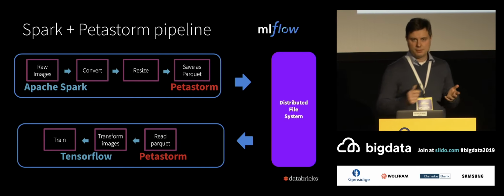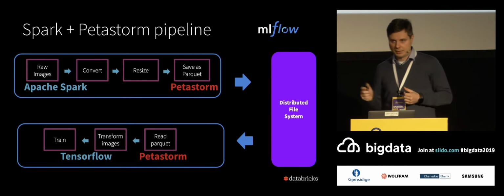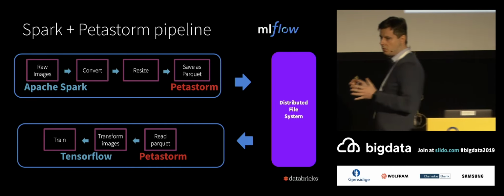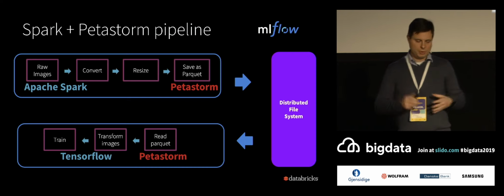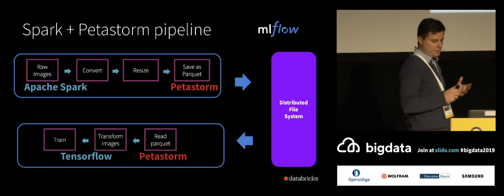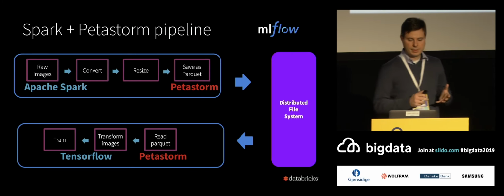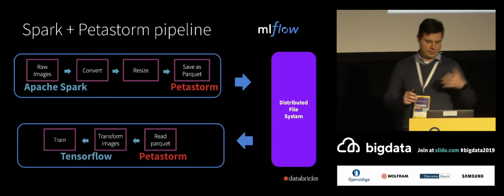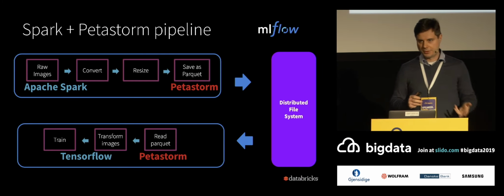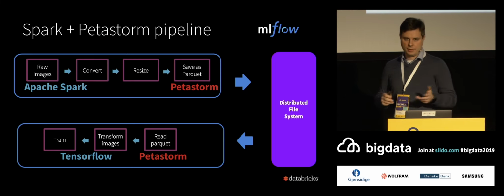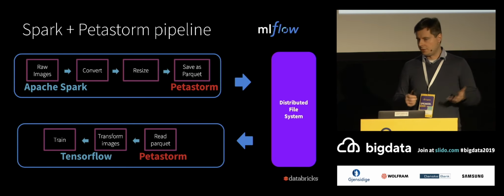And then we will have the training pipeline that can run on one node, or it can run on many nodes with GPUs. We will use Petastorm for reading data, then do the image transformation with TensorFlow functions, and then we can actually do the training.